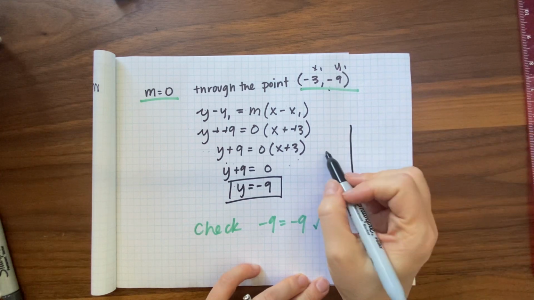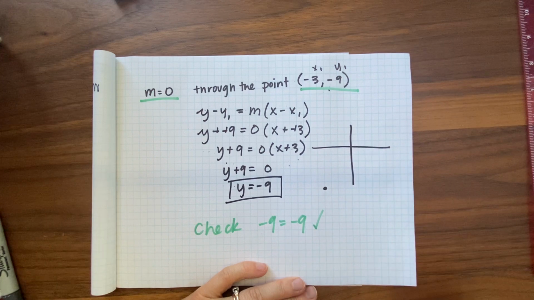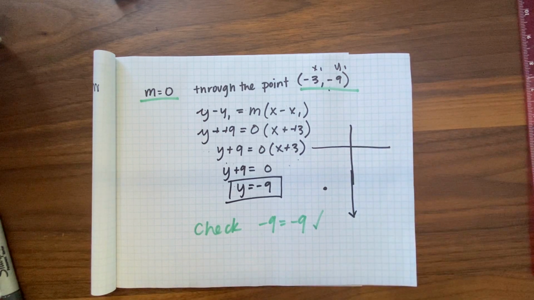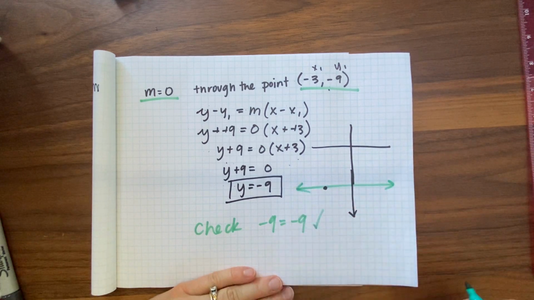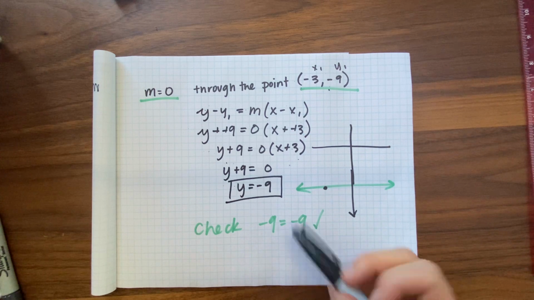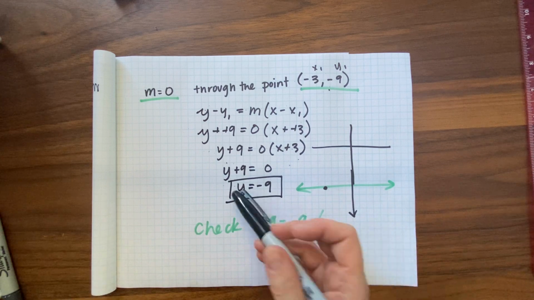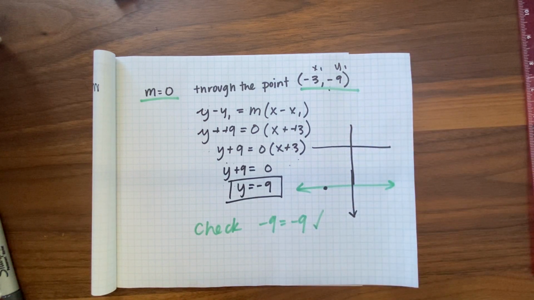If I have the point negative 3, negative 9, that's going to be over here somewhere, right? If the slope is 0, I'm going to have a horizontal line. And if I have a horizontal line, that means the equation is going to be in the form of y equals some number. y equals negative 9. I suppose it checks out.